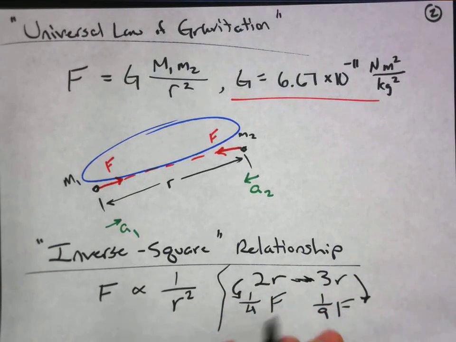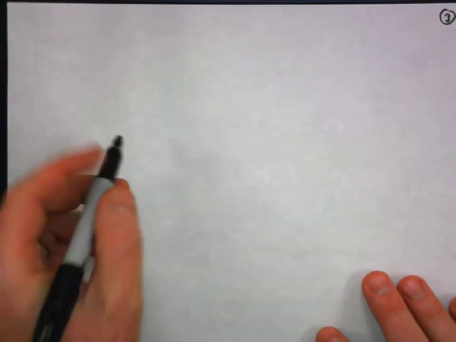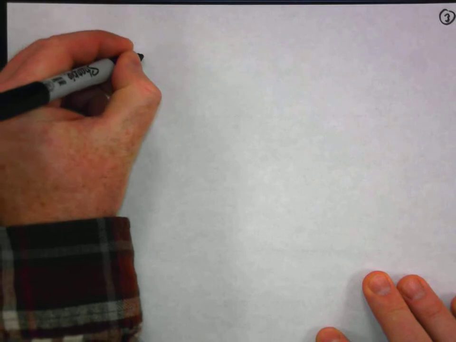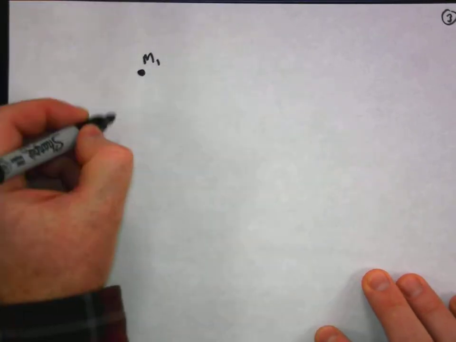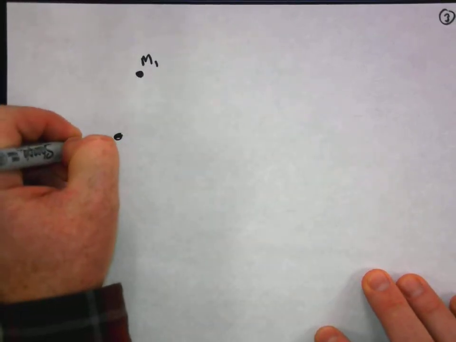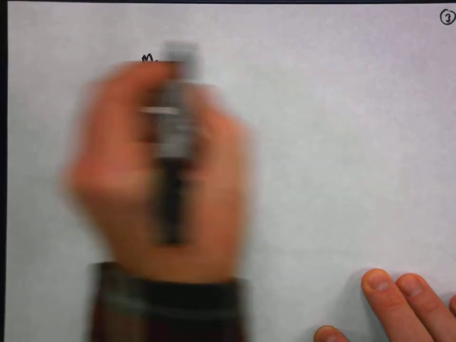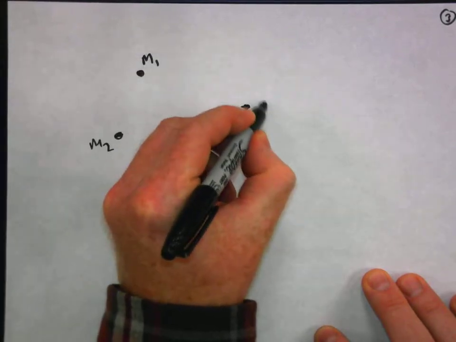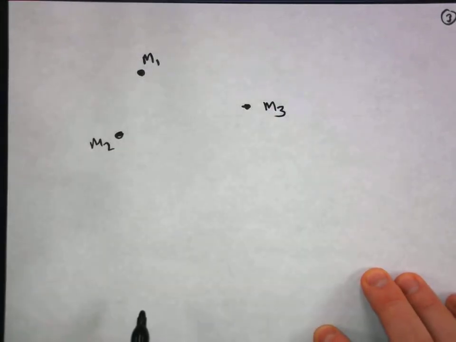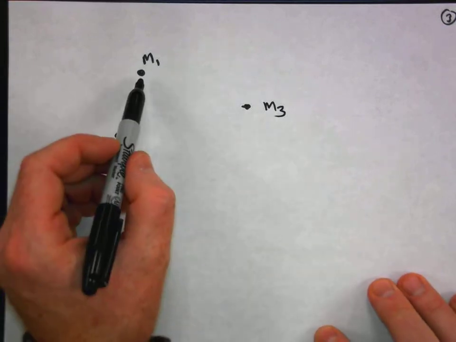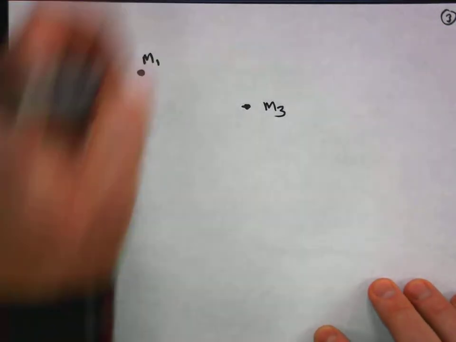So there's more, though, and it's possibly obvious to you, or you hear it and you might say, well, of course, that makes sense. Finally, if you have an object being acted on by multiple other objects, so here's M1, here's M2, and let's say here's M3, we want to know what is the net force acting on M1.